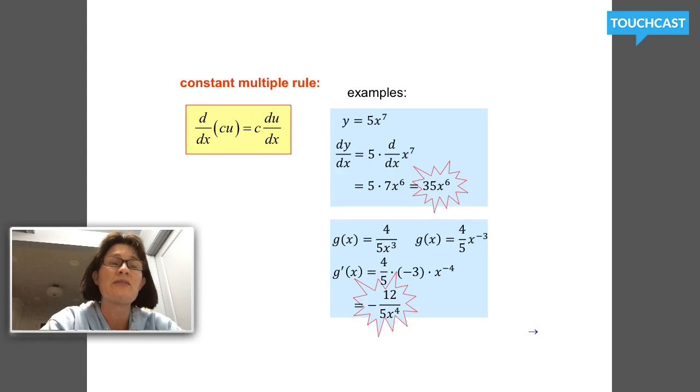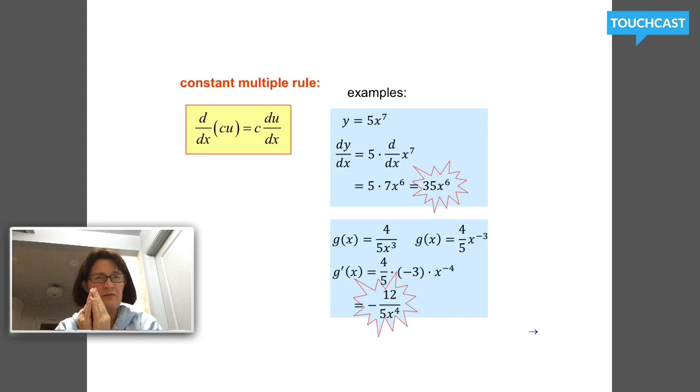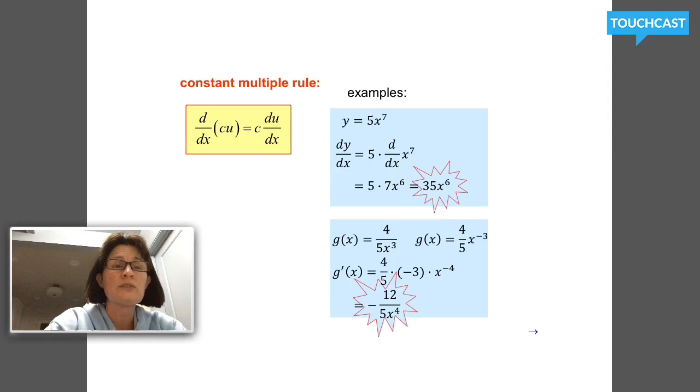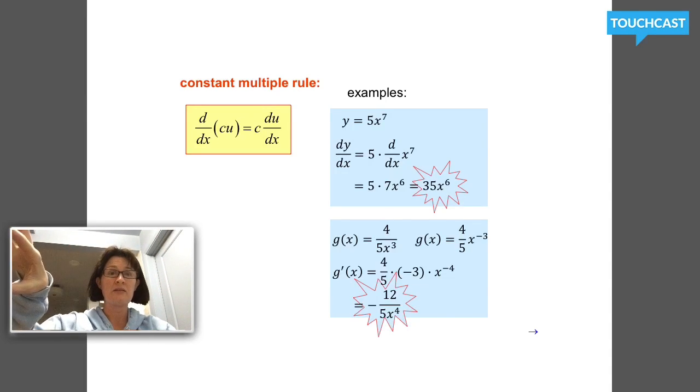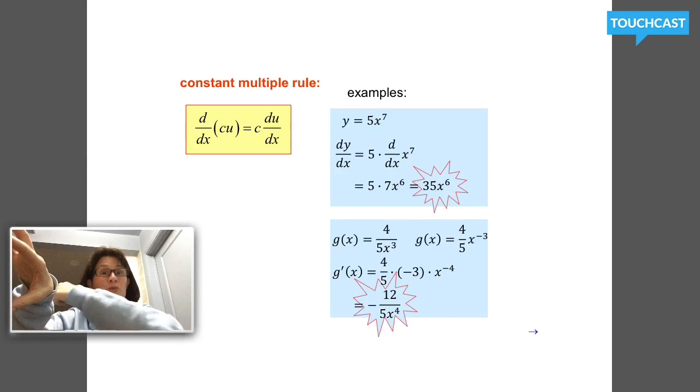So here's an example. If I want to take the derivative of 5x to the 7th, x to the 7th is a function of x, and 5 is a constant multiple. You can imagine a multiplication dot between the 5 and the x to the 7th. So what this rule tells me is that instead of trying to figure out what the derivative of 5x to the 7th is, I can hold the 5 out here for a second, take the derivative of x to the 7th, which I learned a rule for a second ago.